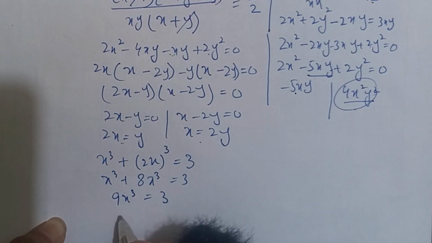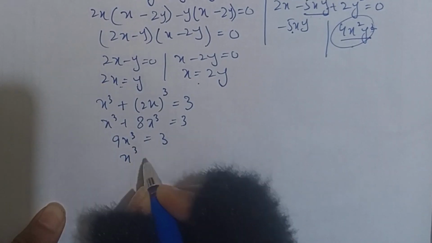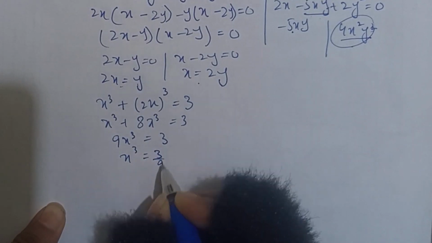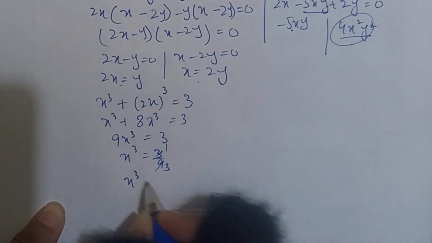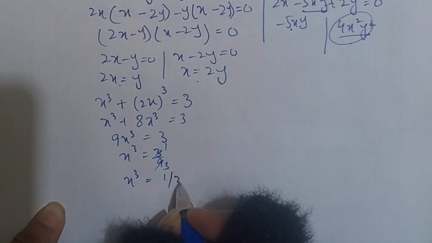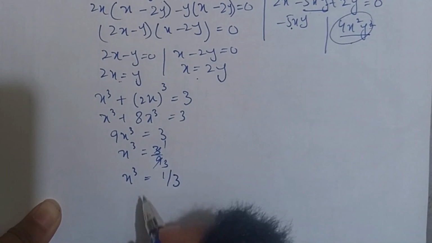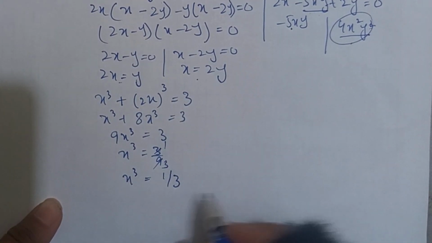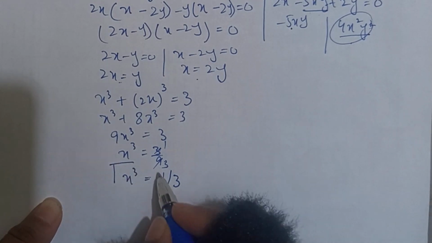Divide this equation by 9, and then we get x cube is equal to 3 over 9, and 3 ones are 3 and 3 threes are 9. Then we get x cube is equal to 1 over 3, and we just need to find x, so we take a cube root on both sides.